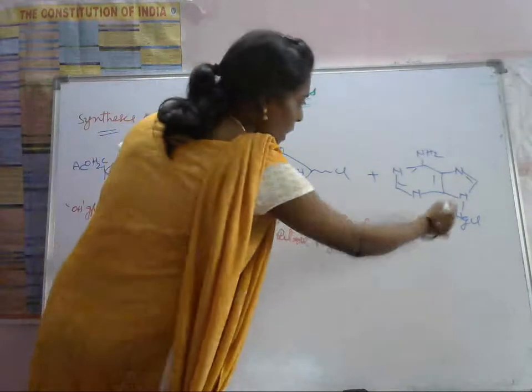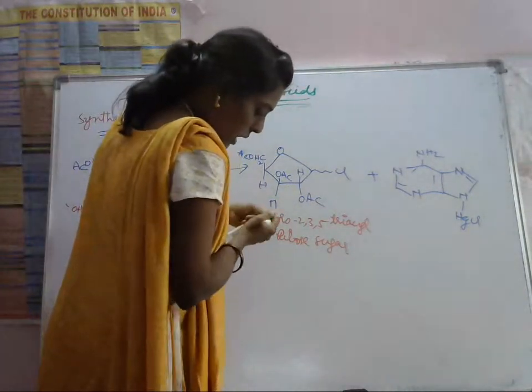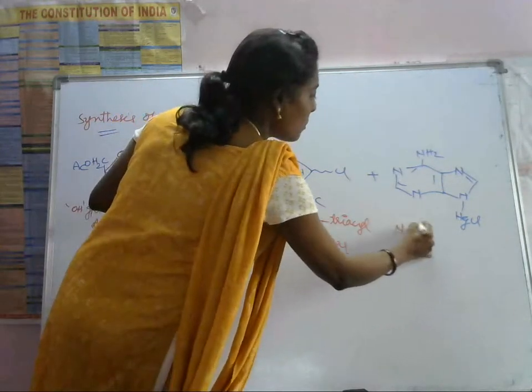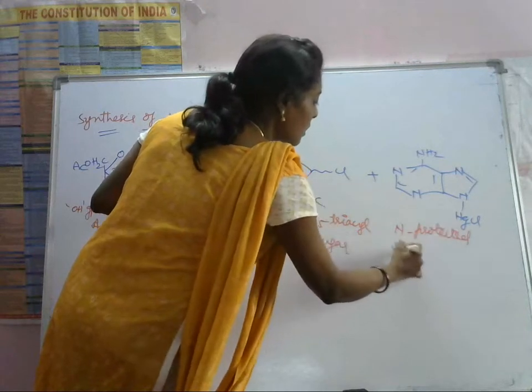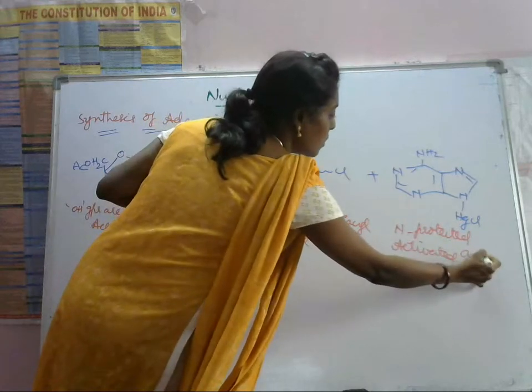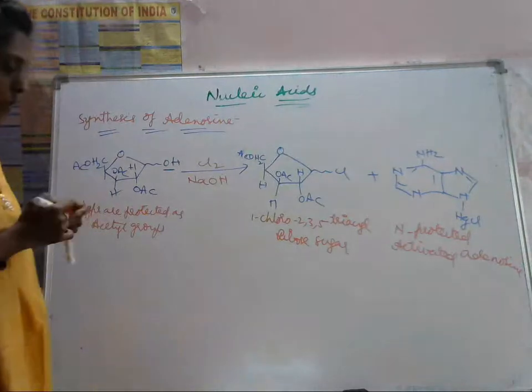Here we are protecting N as HgCl. So this is the N-protected activated adenosine.